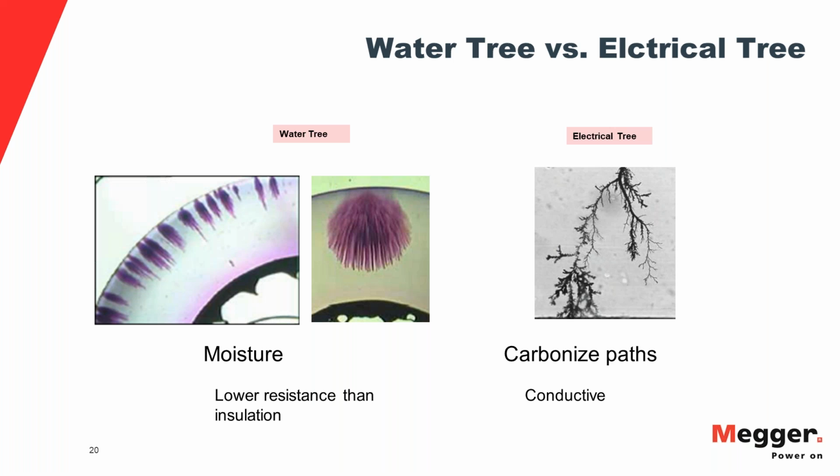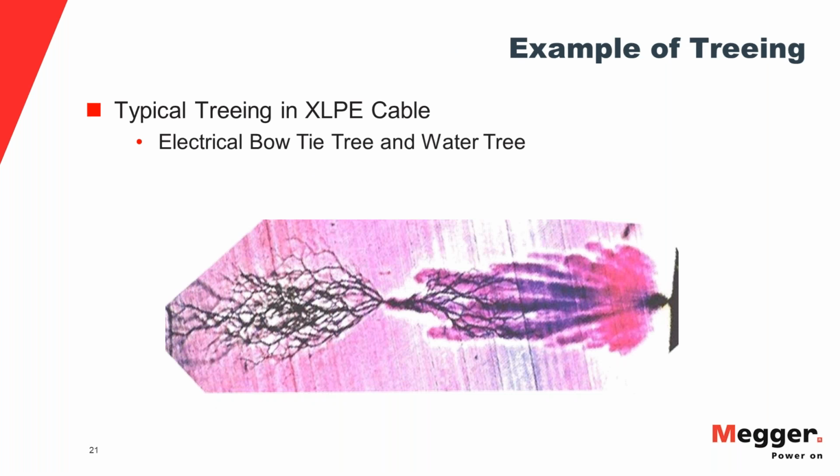And on the right, you can see the electrical tree. At the end, it provides a carbonization path, and the cable will fail as soon as the insulation is bridged to the other electrode, to the low potential, to the shield, which is bonded to ground.